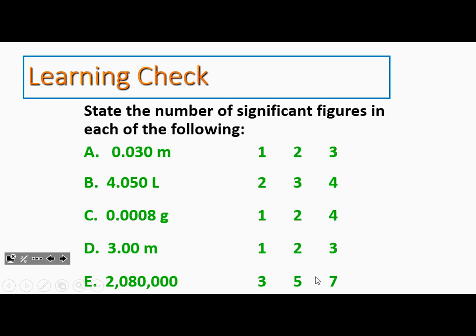This one is sandwiched in between 2 non-zero numbers, so these 3 are definitely significant. Now I look and say, is there any decimal point in there? Absolutely not. That's a comma. No decimals, so these are placeholders. There are 3 significant digits there. Nice job.